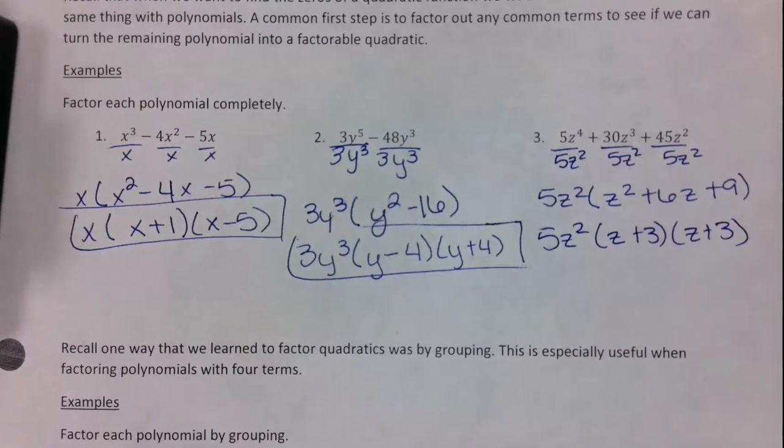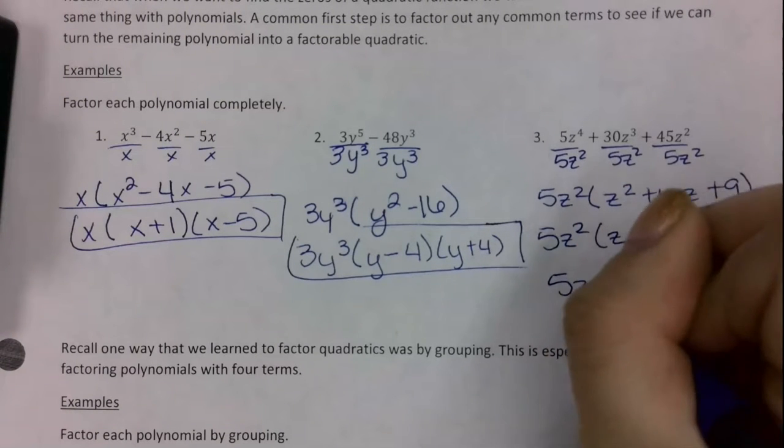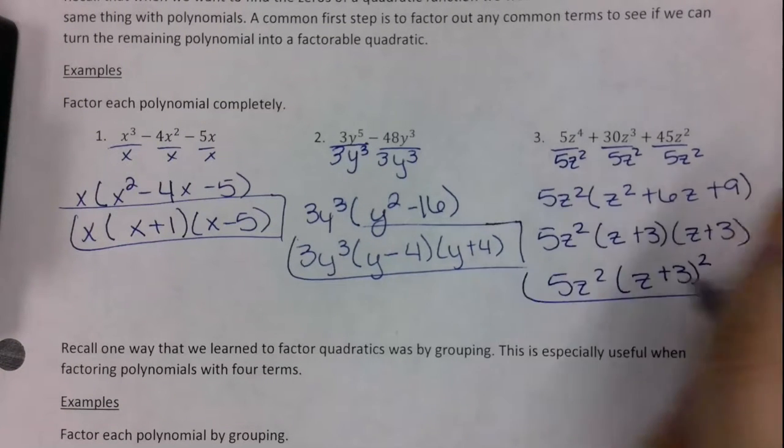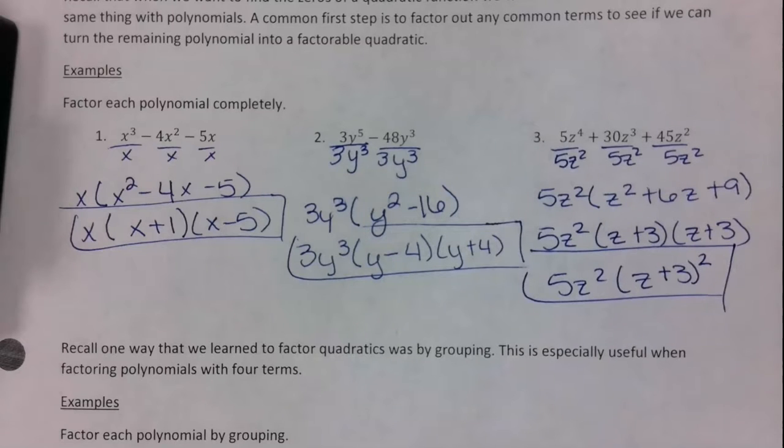So I could write it like this, or since I have 2 of the same thing, I can write it with the squared. Okay, questions there?